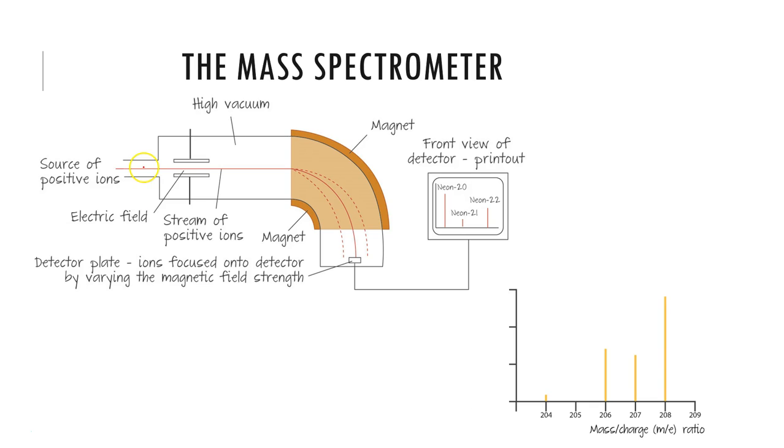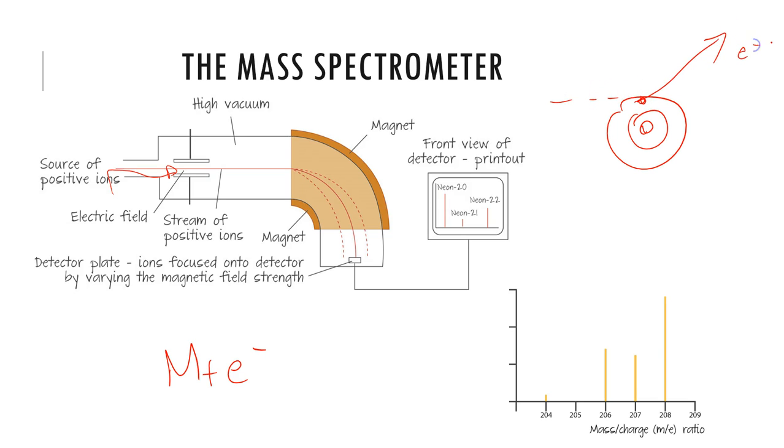We put in our sample. It's actually subjected to an electron beam which knocks electrons out of it. So we have our molecule or our sample, our atom, and we shoot electrons at it. Those electrons, if they hit, can knock an electron off the atom, which will mean it becomes positively charged.